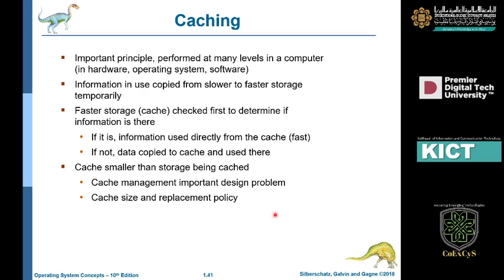So cache size and the idea of when we replace data from the cache is also important, right? If we're keeping a cache, or a stack of items that we frequently use, eventually, because it's limited in size, we have to decide what we want to throw out. So the replacement policy is kind of important here, right?